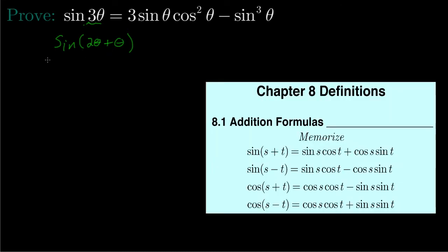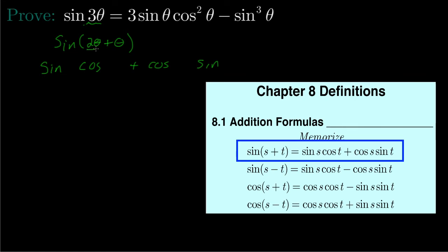And we should know that sine addition is sine cosine plus cosine sine. And instead of s's and t's, we have 2 theta for the first argument in both cases, and theta as the second argument in both cases.